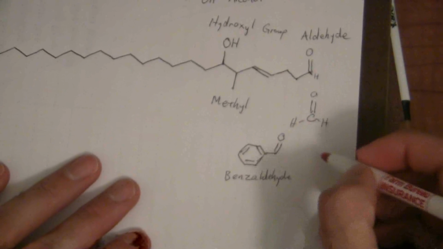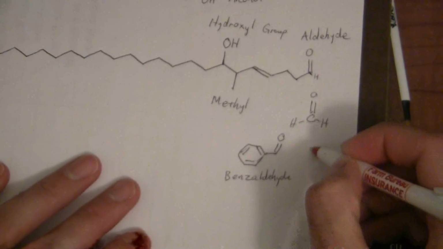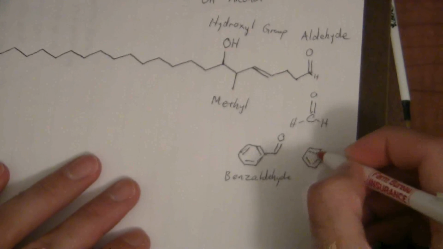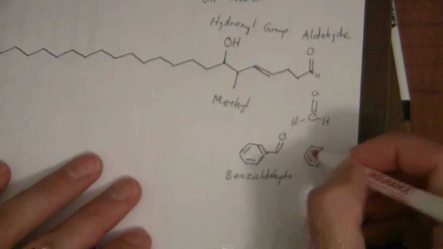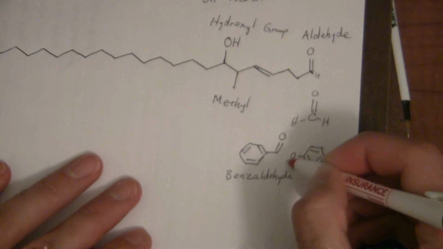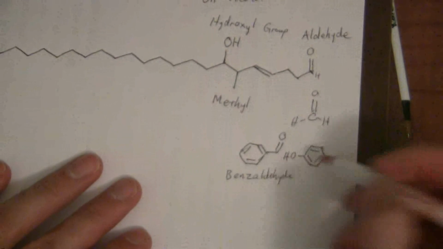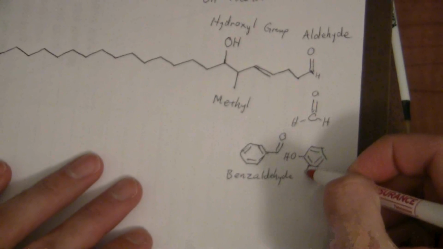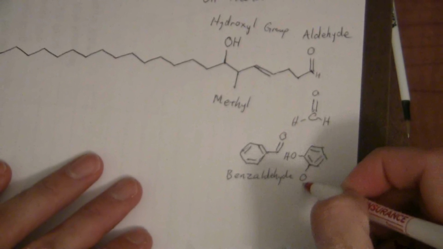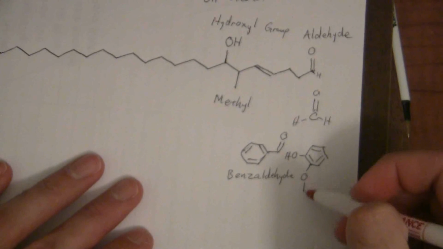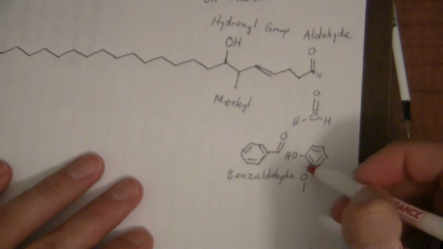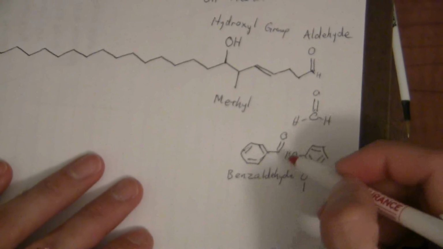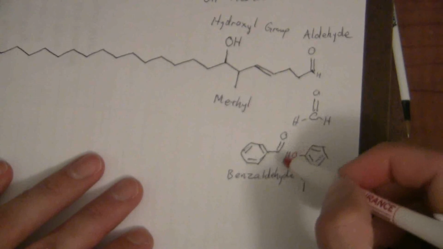Another natural aldehyde also has this 6-membered ring with the double bonds, and this one has a few other types of functional groups. It has an OH, and it has an oxygen with another carbon chain here. This would be an ether group. This is a hydroxyl group.